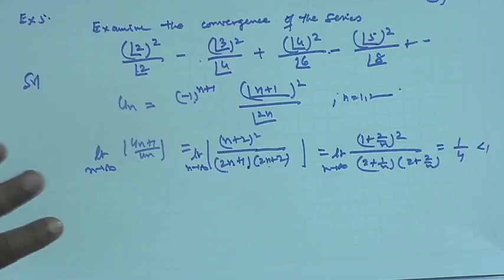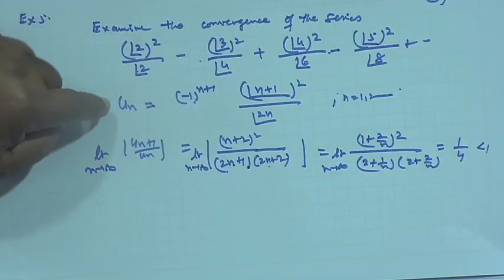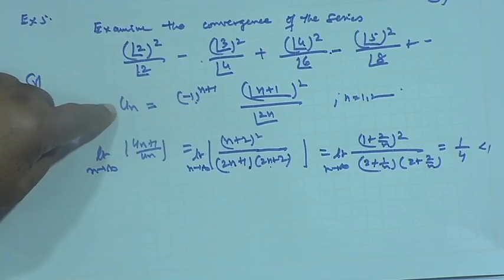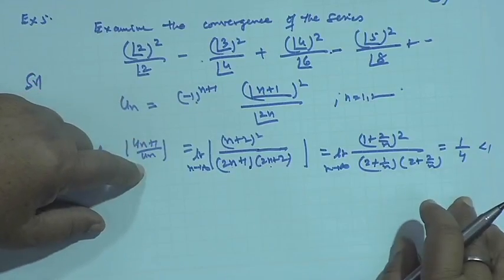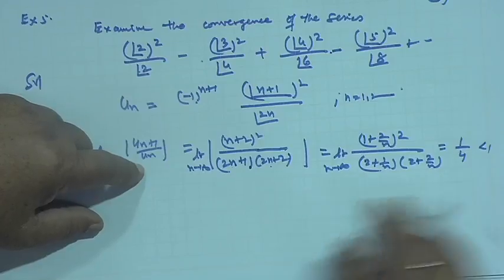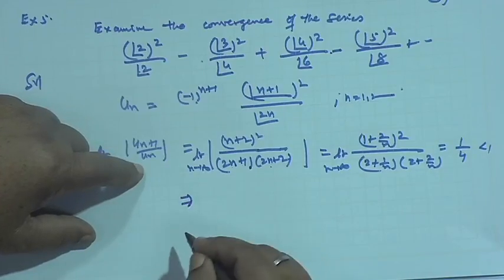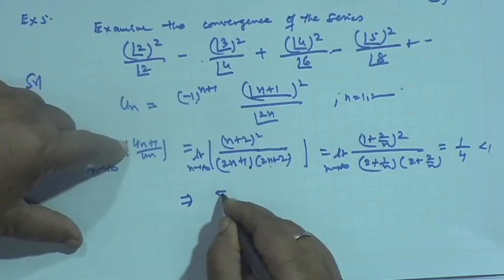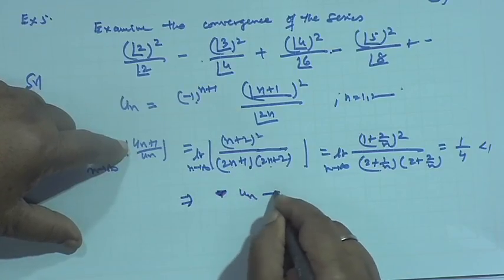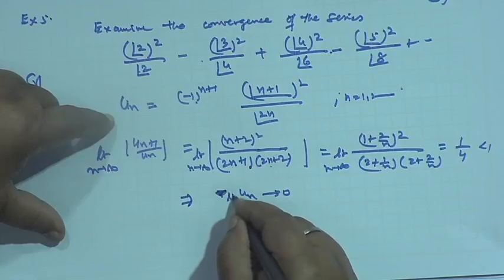Now, we have seen earlier also that this u_n's terms are positive, negative, hardly matters, but the limit of u_(n+1) by u_n is coming to be less than 1. So, this implies that the limit of u_n must be 0. So, u_n must go to 0 as n tends to infinity.